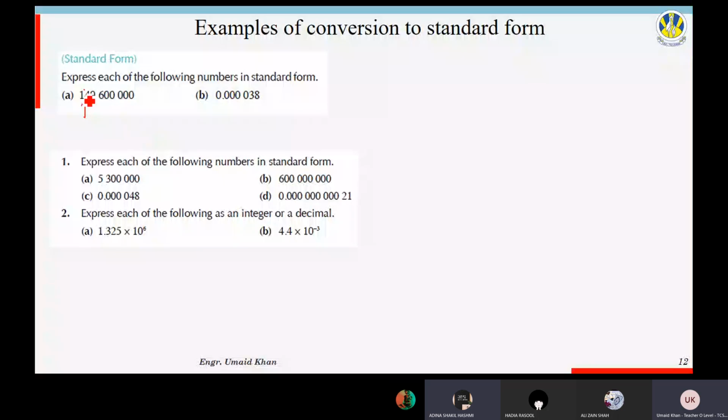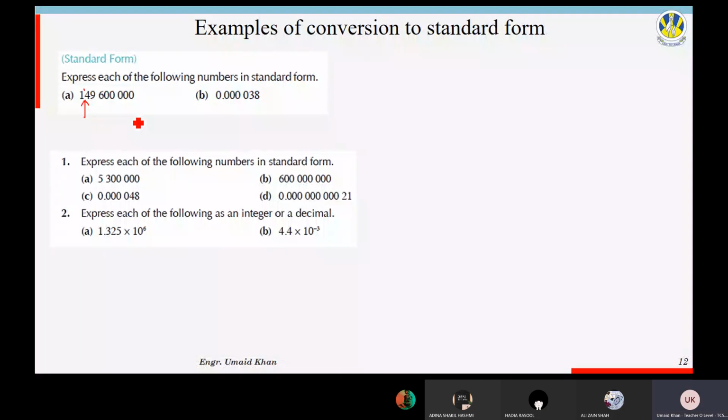I cannot have a decimal after 4 because it will become 14.9 and that number will be greater than 10. I cannot have a decimal before 1 because then the number will become less than 1, and that is also not acceptable. So I have to put a decimal over here. Now where is the decimal initially in this number?